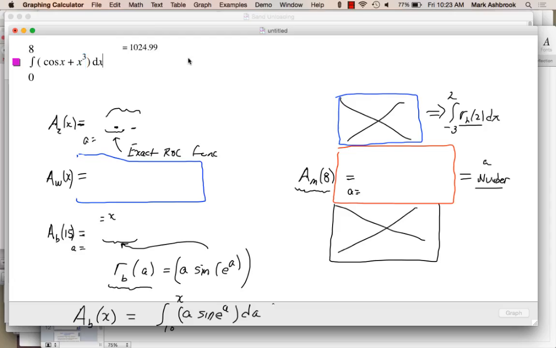All right, so there it is, 1,024.99. That would be our a sub m of 8, 1,024.99. It's the total accumulation you get, starting at 0, ending at 8, with a rate function of cosine x plus x cubed. Notice I needed the graphing calculator to do that for me. There was nothing I could do to do that by hand. So let's talk about that.